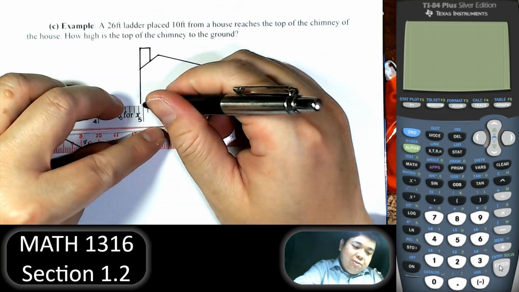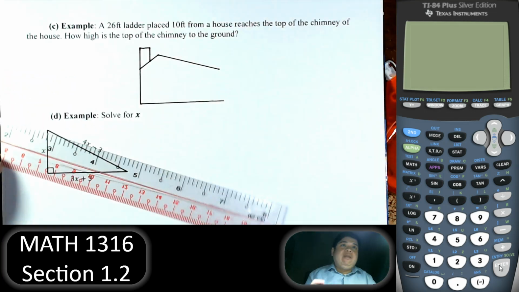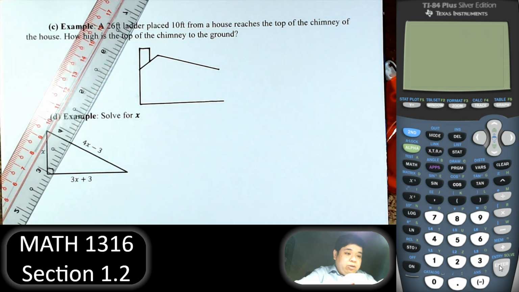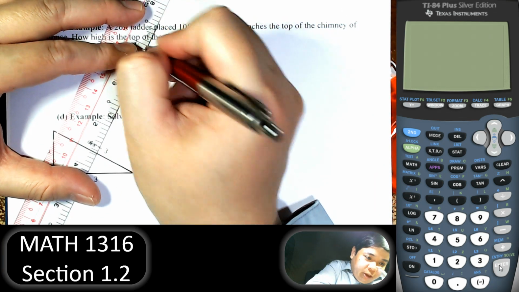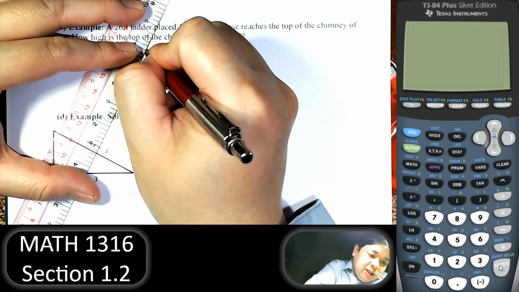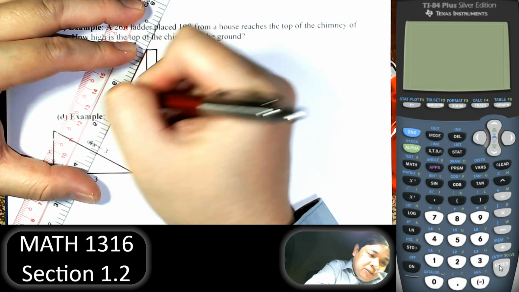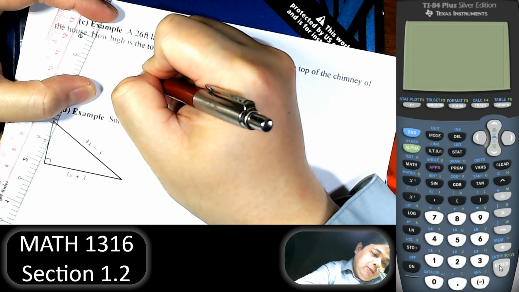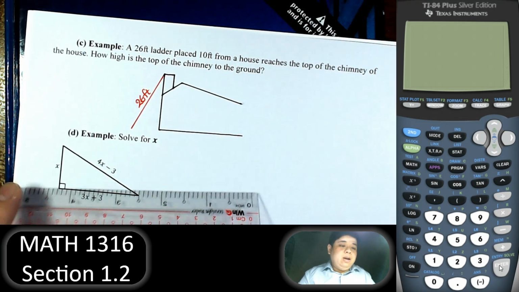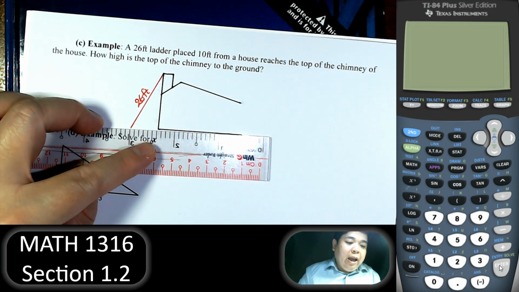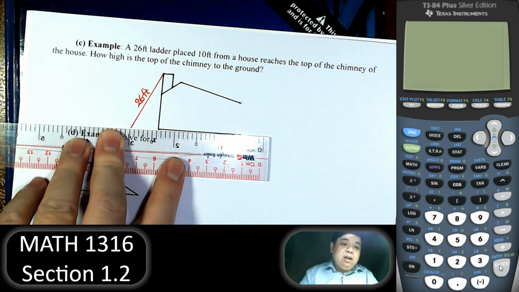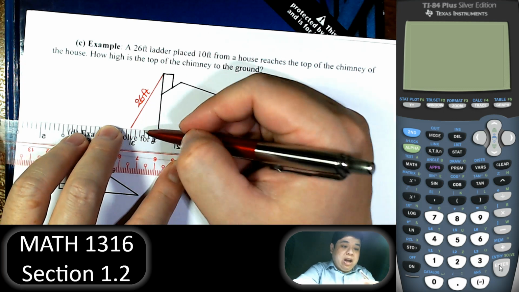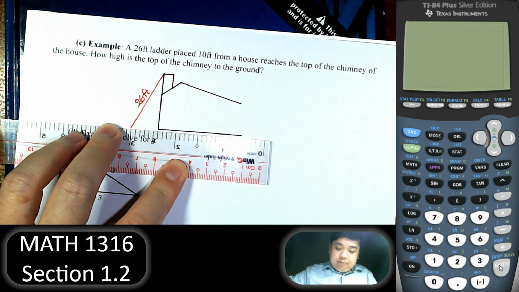Like that. That is the house, and the ladder is 26 feet, placed 10 feet from the house, and we assume that the house is built straight up.